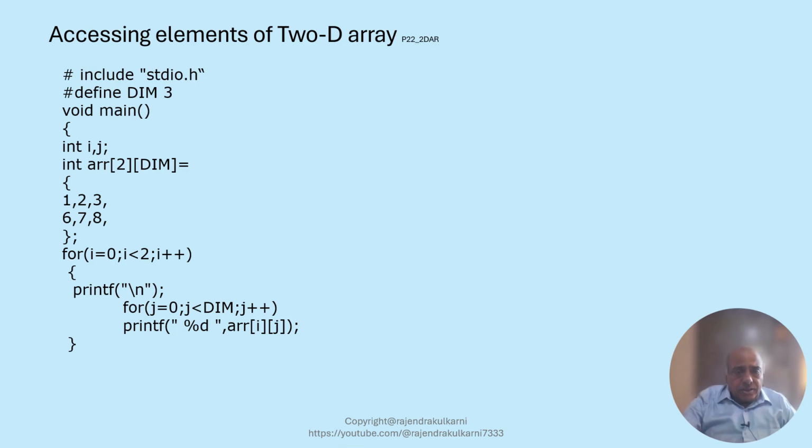This printf statement displays the values of the elements of the ARR array with the statement printf %d ARR[i][j]. So this is how we are accessing the 2D array elements using subscript notation.